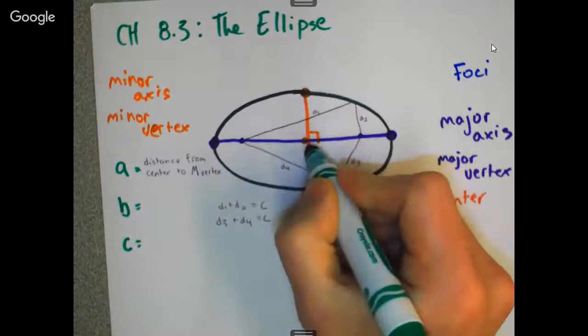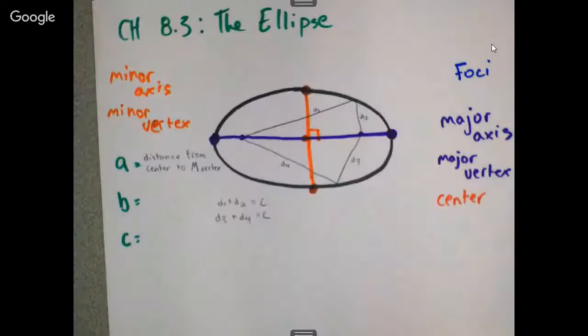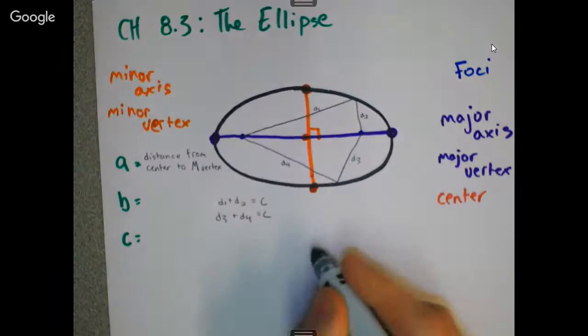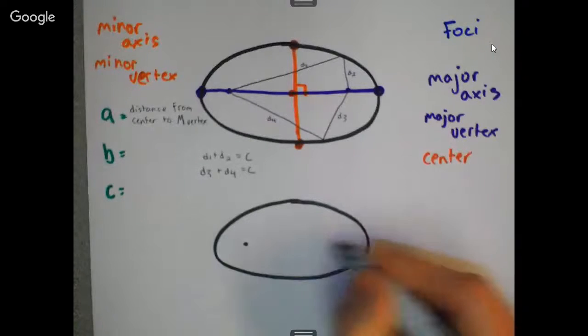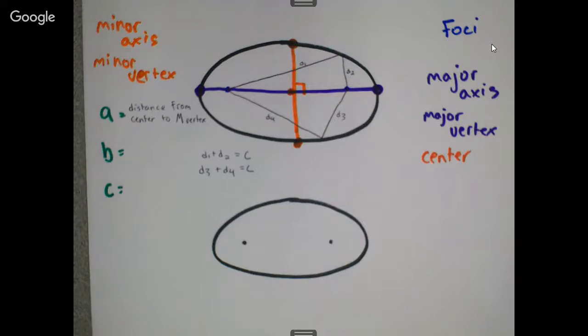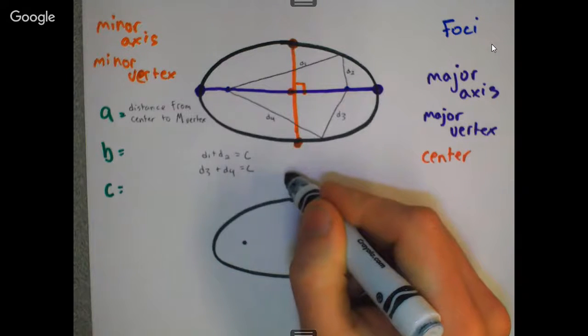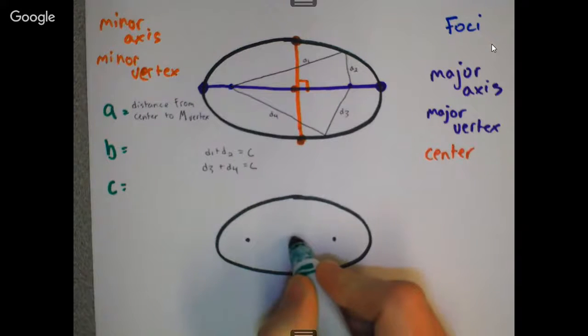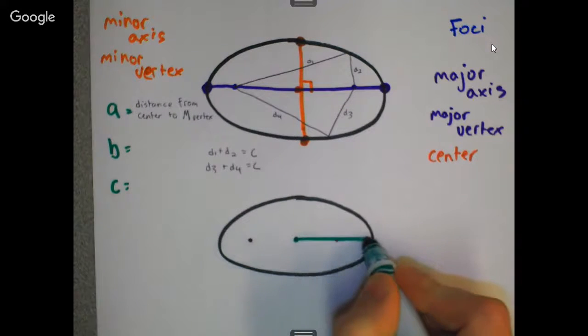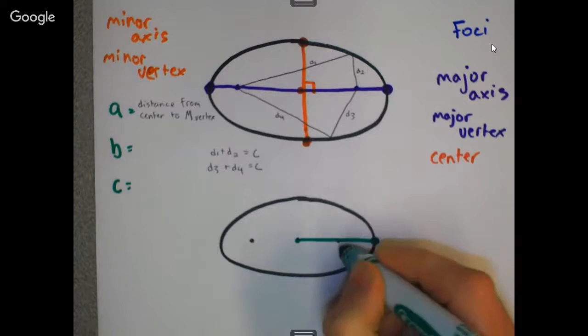Okay, so I'm just going to draw a new one down here. So I've got a foci, and my center, so from the center to the major vertex right there, that is A.